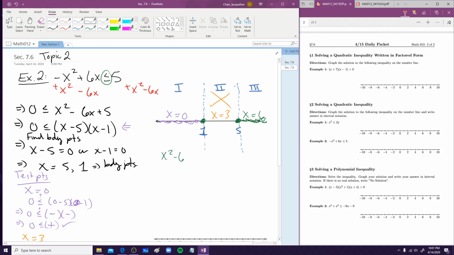Okay, let me reword this. If you say that the domain of whatever polynomial you have is negative infinity to infinity, or you say it's all real numbers, then the boundary points are included.